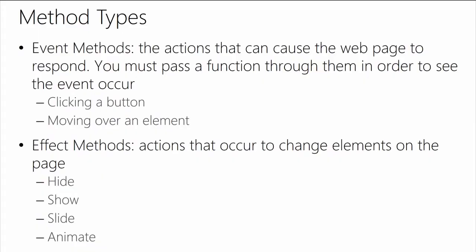And then the effect methods are actions that you can do that'll change up the elements. So you saw the event method happen with the click. As soon as you click the button, something happened. And then immediately from there, I called an effect method. So as soon as I clicked the button, the element of the div was changed. The box went down, got big, the box got longer, got a little dimmer, and then it went back to normal size.